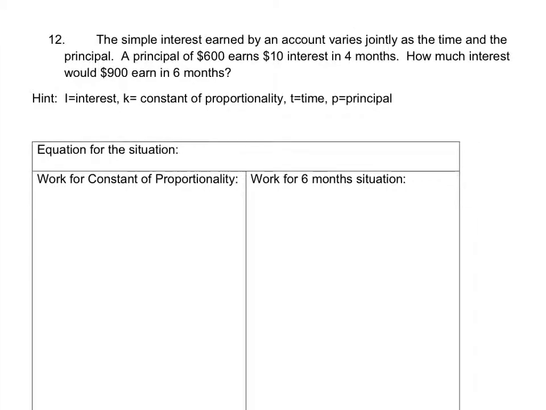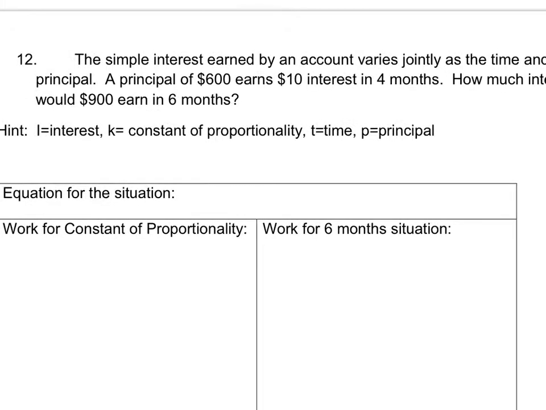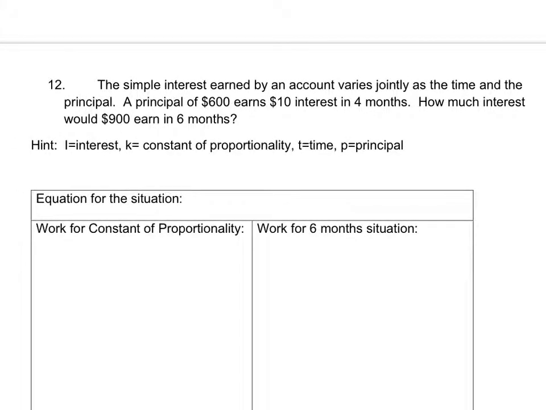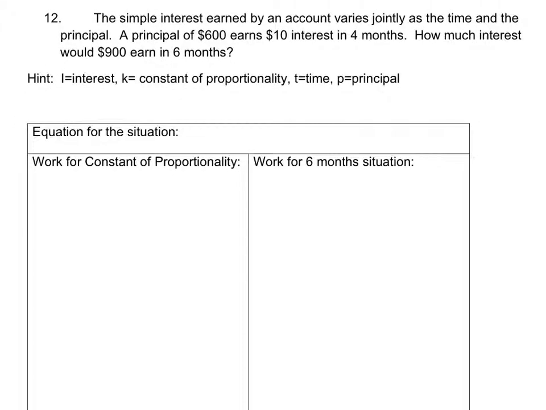All right. It says, the simple interest earned by an account varies jointly as the time and the principal. So the interest varies jointly, so you have K as the time and the principal.